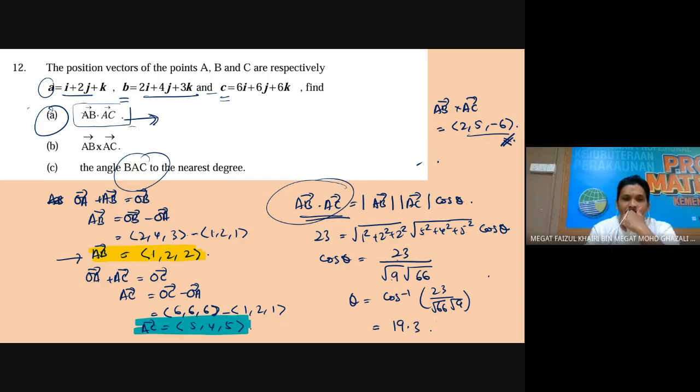Okay, so to the nearest degree, it is 19 degrees.